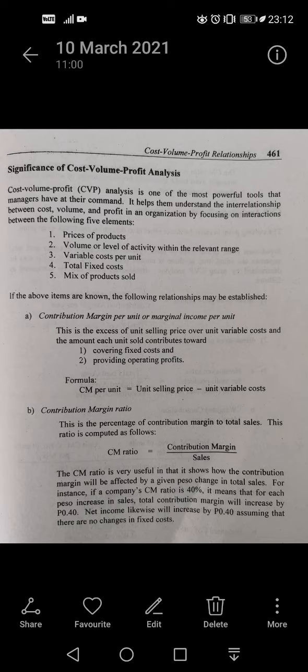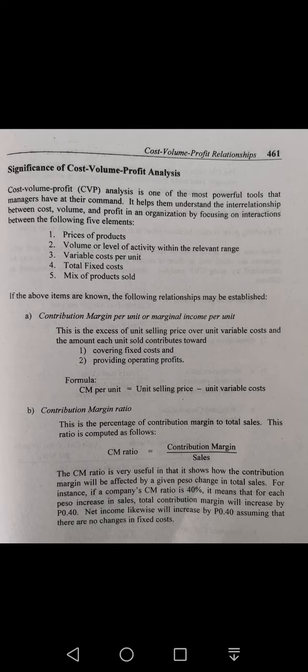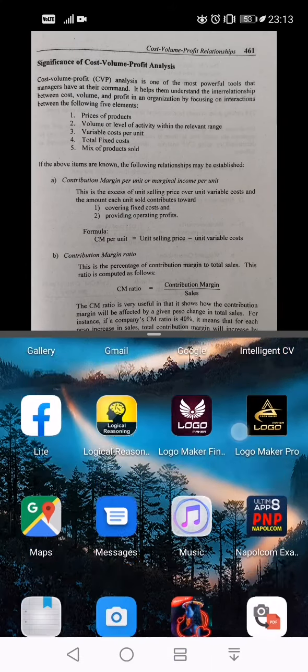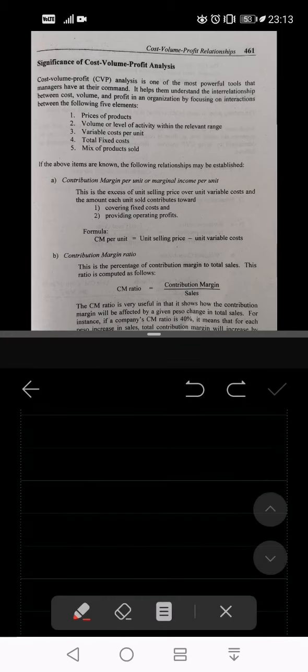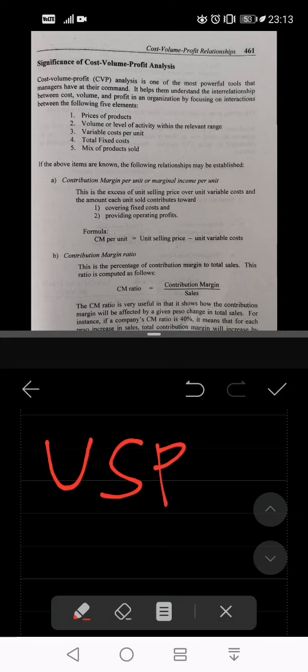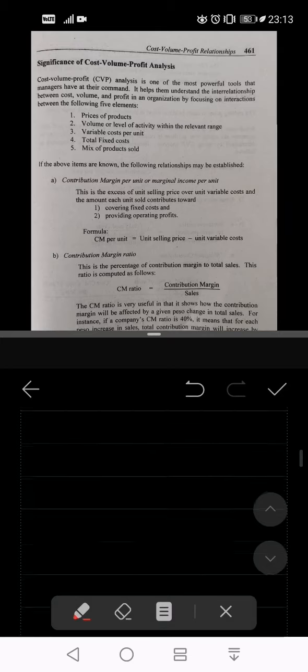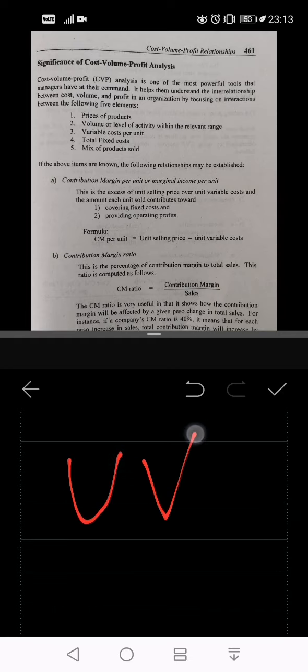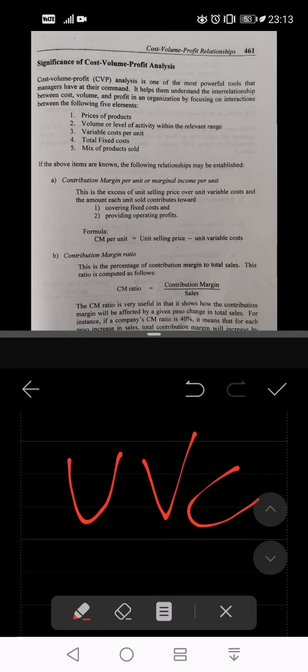There is a formula for how to get the CM per unit, or what we call contribution margin per unit: USP, or unit selling price, less UVC, or unit variable cost.